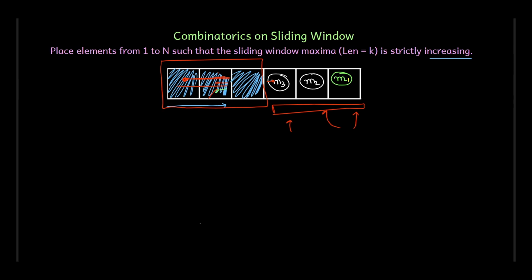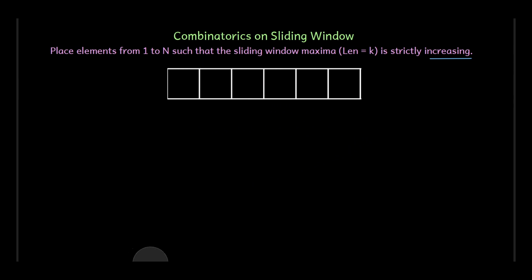So now we have made another breakthrough, that is, given any array, you can see that the first three elements form the blue block, right? This is the first three elements, and if you remember, we were solving it for n is equal to 6 and k is equal to 3. So given an array, you can first of all partition the first k elements into one region, and the remaining n minus k elements in the other region.